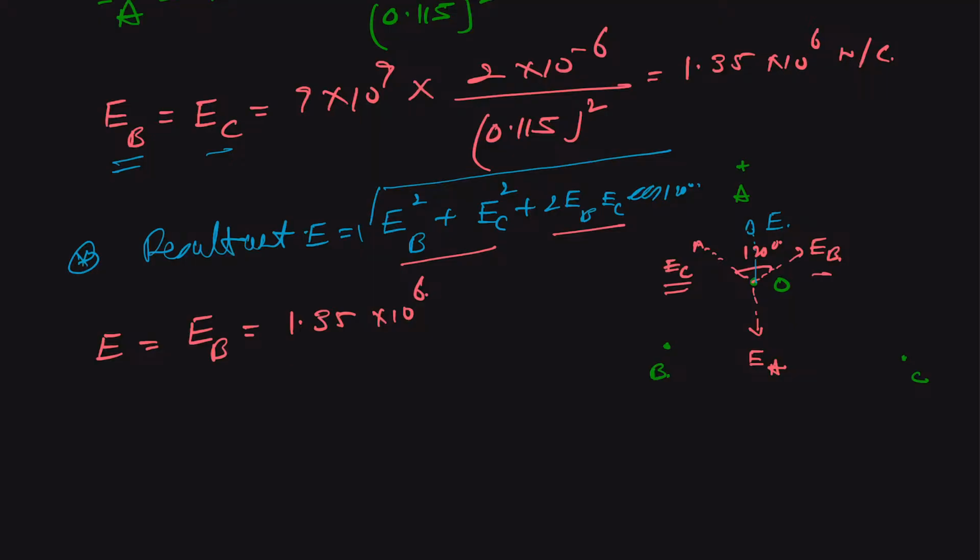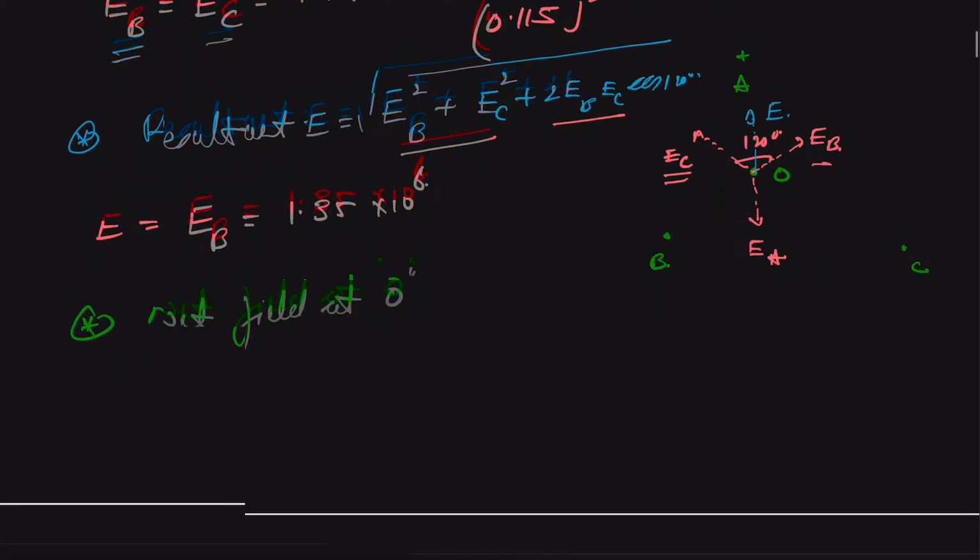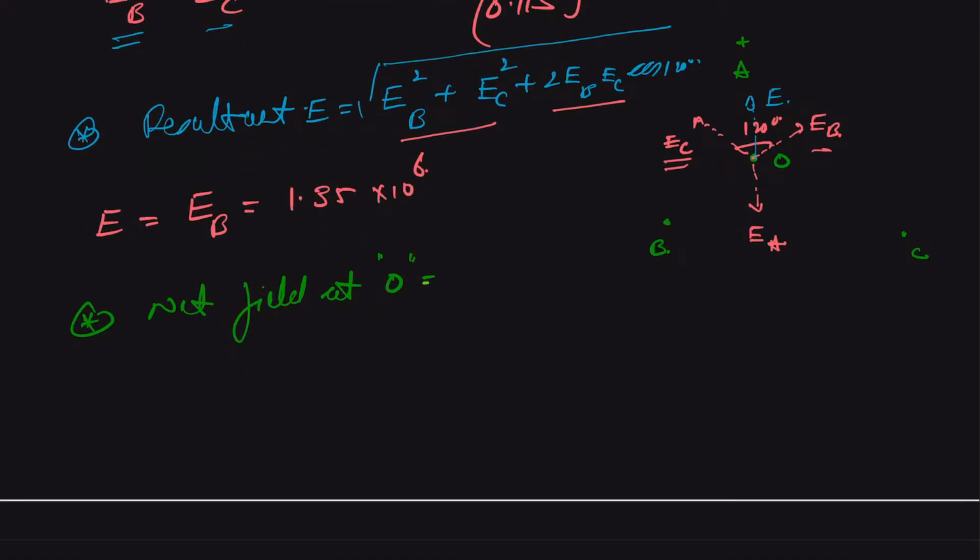And therefore now we can find our net electric field at point O. We can say net field at O, which is the center of the triangle, and let us call this E net.